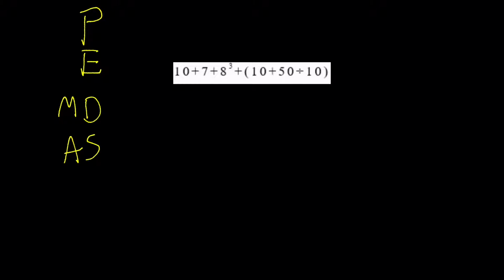So if we don't have any exponents inside the parentheses, now we look for multiplication or division. So we do have division right here. I'm going to circle it just like last time. We have division right there. So if we were trying to solve this problem, the very first thing we would do is 50 divided by 10.